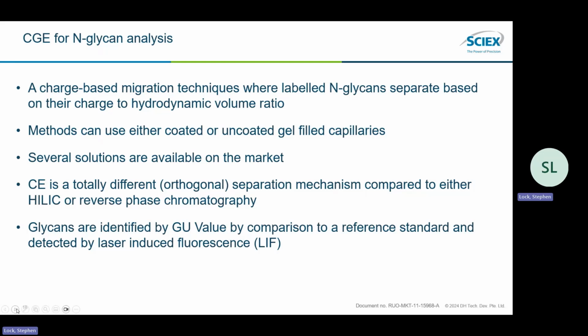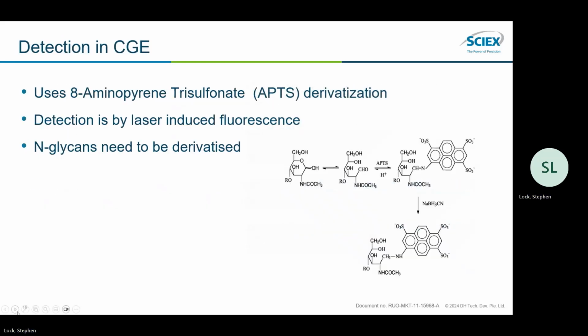But again, you use a similar method to identify the glycans, in that you compare against GU, or glucose unit, reference standards, and the GU value you get from the CGE analysis will enable you to identify the glycans based on reference standards which already have a GU value. As I mentioned, in this case, these labeled glycans are detected by laser-induced fluorescence, or LIF, detection when you're doing CGE analysis of N-glycans.